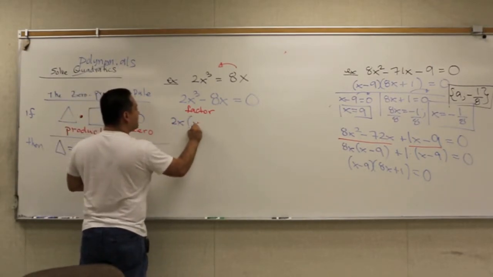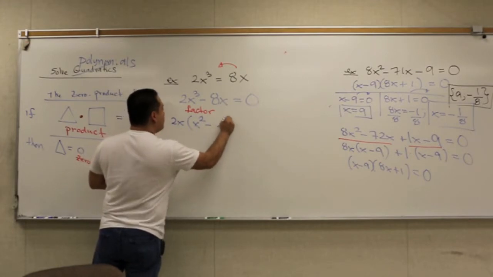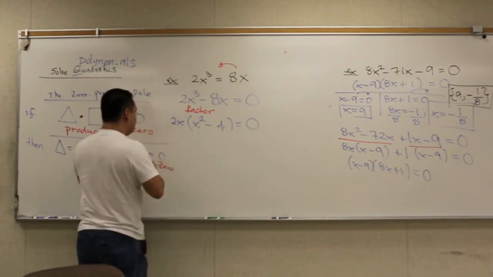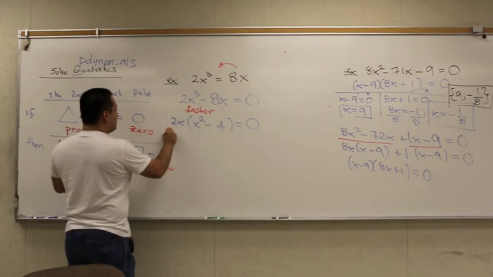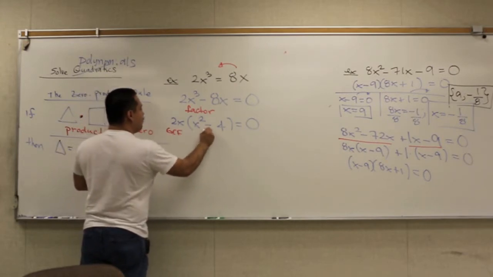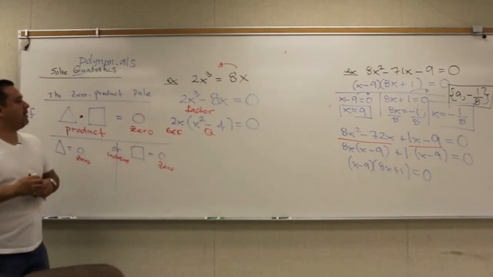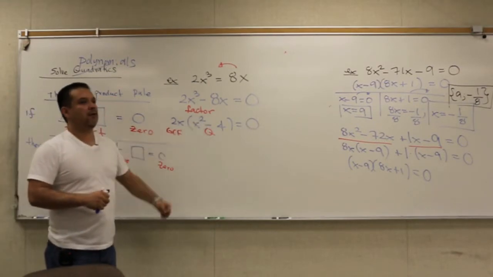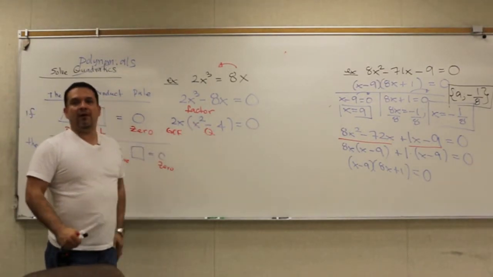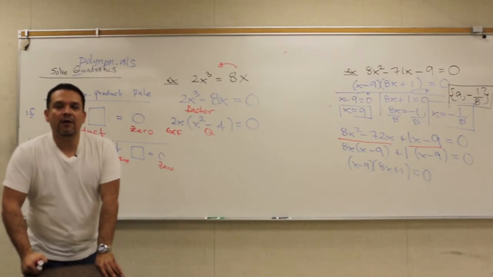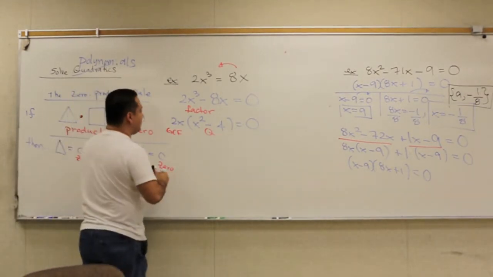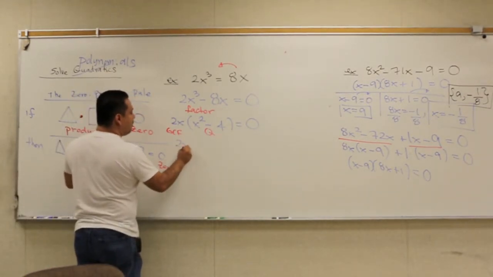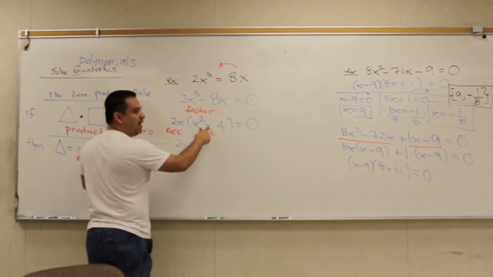2x times x squared minus 4 is 0. This is your greatest common factor. Here's your quotient. What recipe do I use for the quotient? Chicken soup? No. Difference of perfect squares. Good. How do you know? Well, you have a difference and you have two terms.